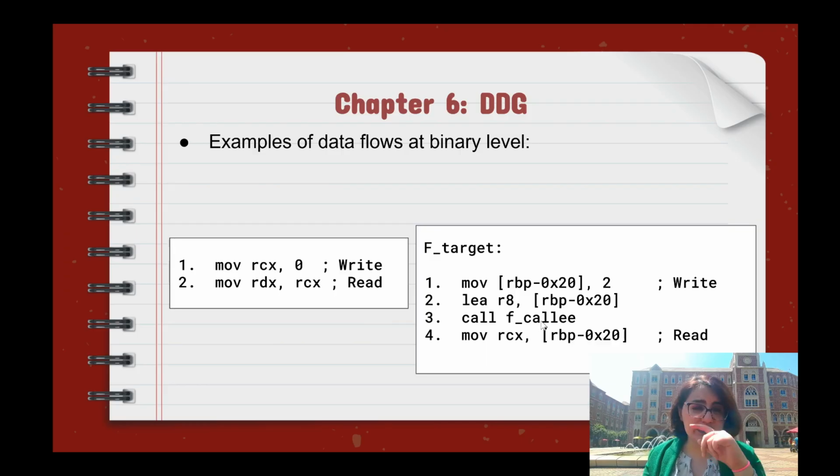If this function modifies the value inside this location, then when we read RBP minus 0x20, it's not the same value that we wrote in the first line. Because the callee can modify the value inside this location, we cannot guarantee the value that we read here is the same value that we wrote here. That's why we say there is no data dependency between line 1 and line 4.